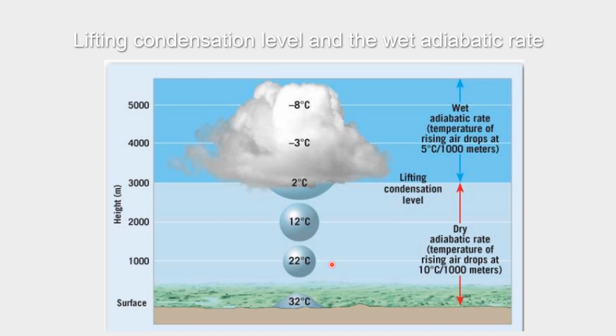From 32 degrees Celsius, it has become 22 degrees Celsius. And from 22 degrees Celsius, as it goes up another 1000 meters, it has become 12 degrees Celsius. This expansion and cooling of air, let's mention that this is unsaturated air. This is what we call the dry adiabatic rate. I explained this in the previous slide, but this is just the figure showing it.